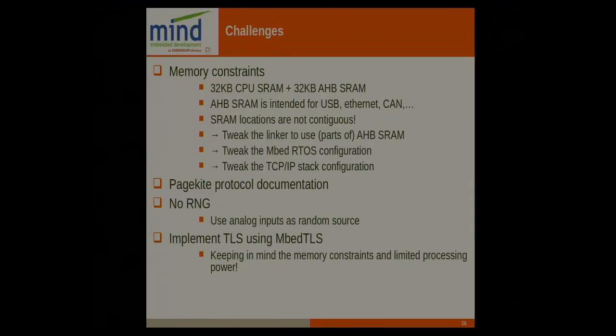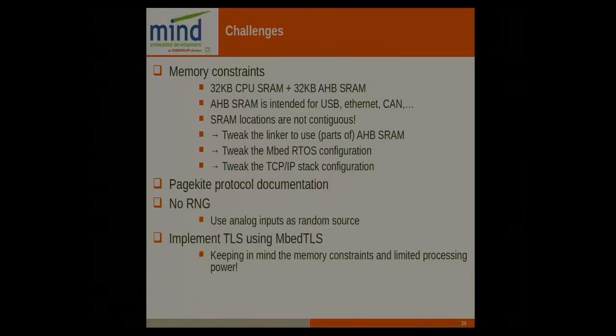But you can tweak it. You can tweak the linker a little bit, so you can use some parts of the 32 kilobytes that is reserved for other functions. Up until now, it's not necessary for us to do that, but probably we will need to do it in order to implement Mbed TLS.